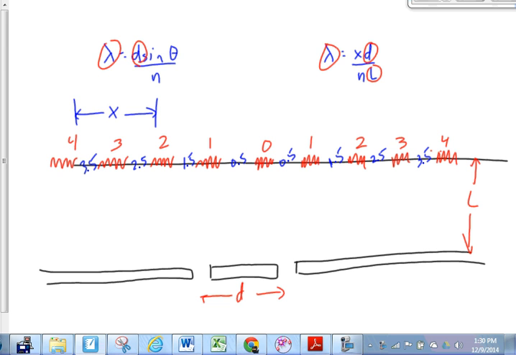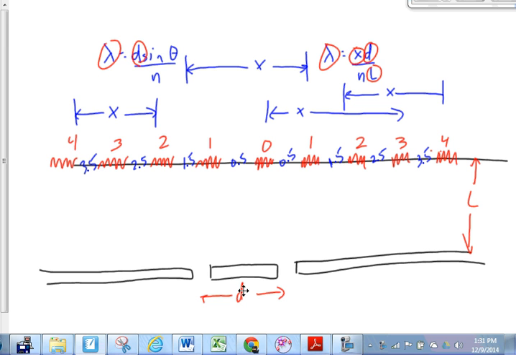It could be this. It could be this. Or it could be this. It can be anything we want as long as it represents a distance between a maximum or minimum and another maximum or minimum. The trick there is recognizing that n has to be consistent with that.